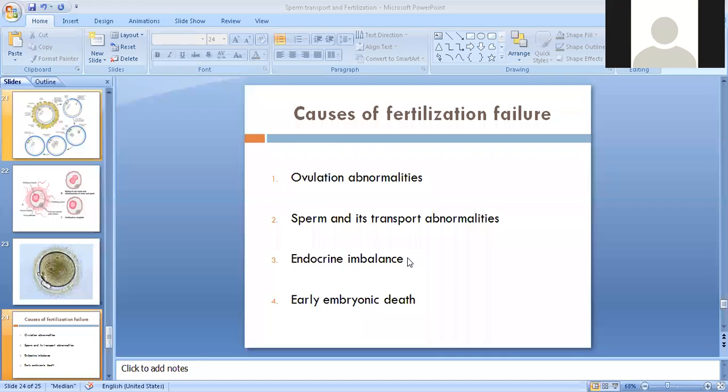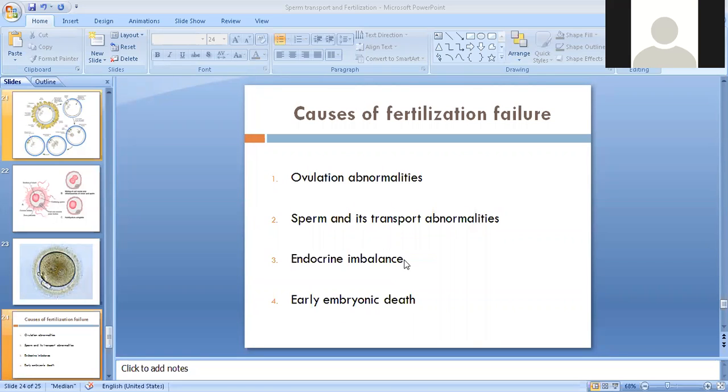Or there is some endocrine imbalance, because as I told you earlier, the balance of hormones is very important for successful transport of sperms into the female genitalia, as well as proper ovulation, or the transport of the ovum through the oviduct towards the uterus.